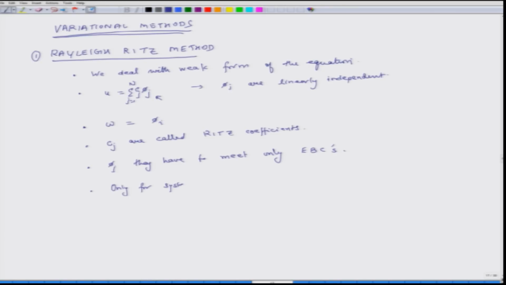And the last and very important point is that all this works well only for systems where B of W and U is bilinear and symmetric. I will not say it works only for, but it works really well for such systems.